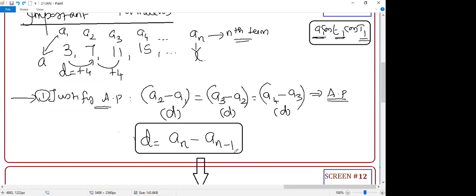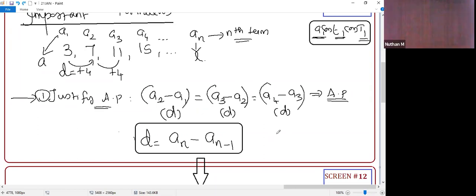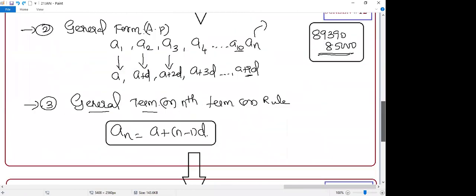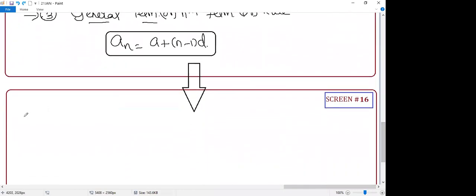Guys, it is not just telling the position. Otherwise, what it's saying is that if you have till A4, my last term is A4, which means this has 4 terms. So N has multiple meanings. One is position. Second is number of terms. Your textbook is not defining this, but I'm going to define that.